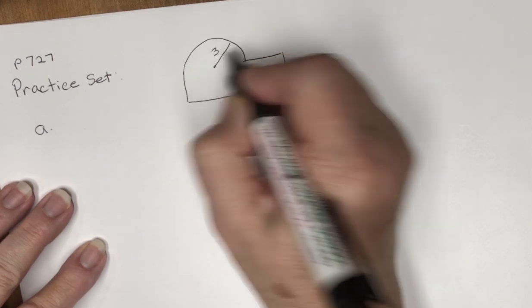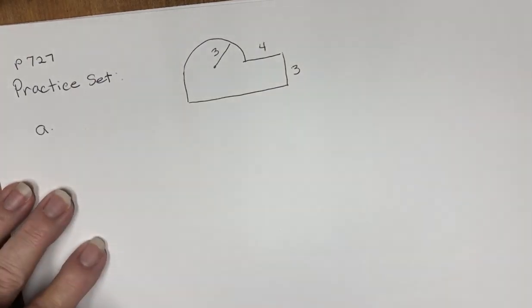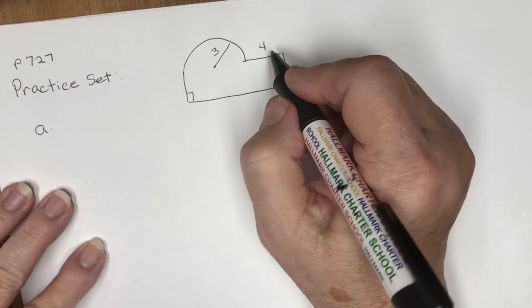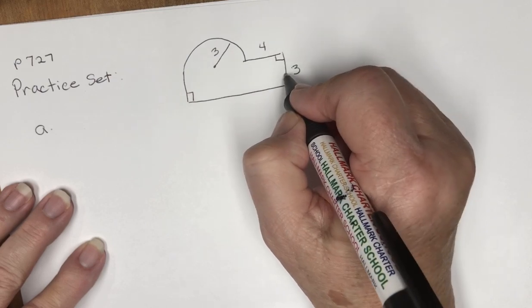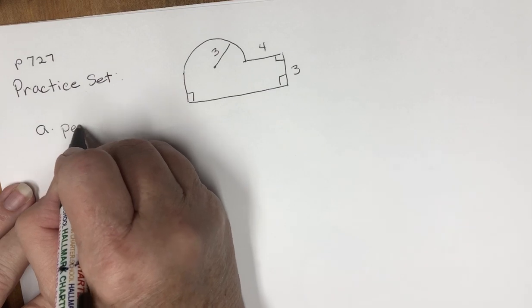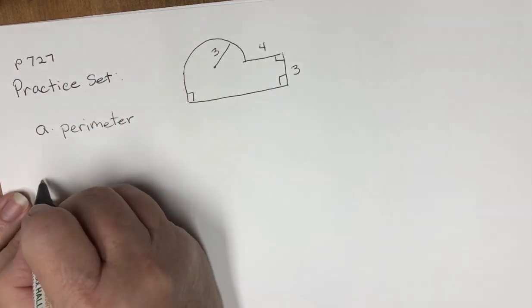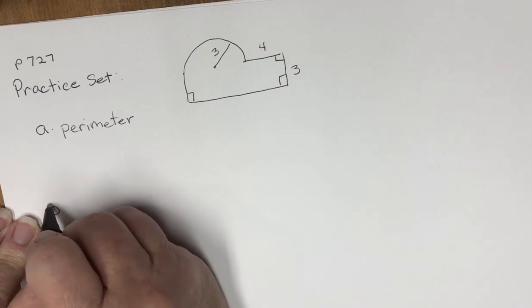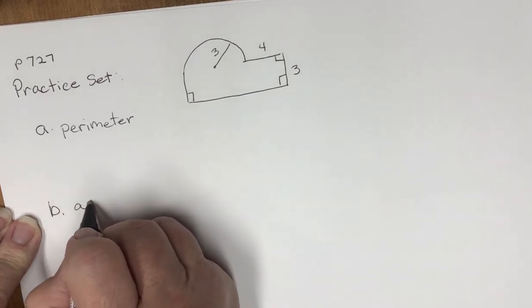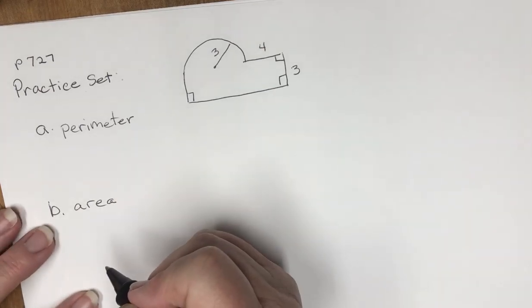They give us some dimensions. All right, and they have the square boxes here for the square corners. And then for the first thing, they want perimeter. For B, they want the area. So we'll start there with those.